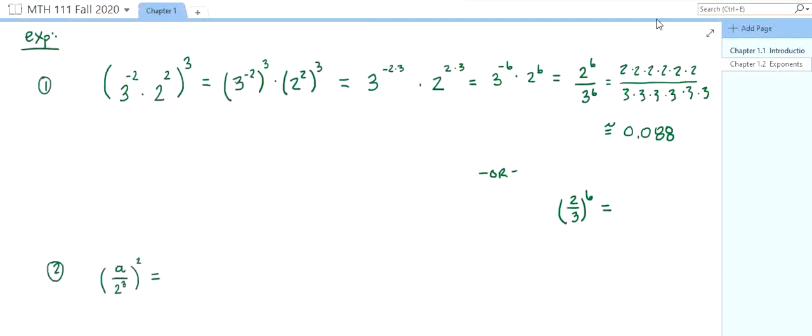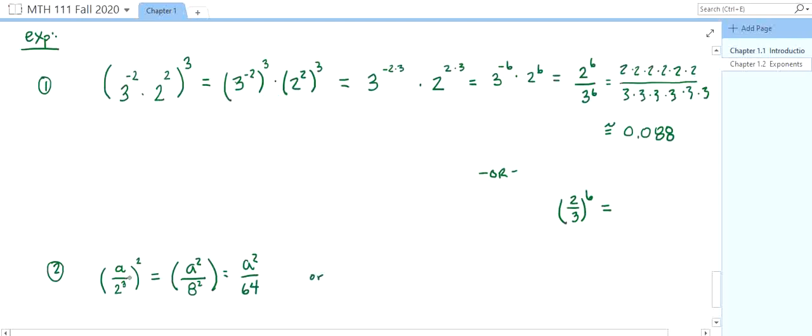Let's try another. A over 2 cubed to the 2 power equals a squared over, well, 2 cubed is 8. I could work that out initially, and then I could square it. So this is a squared over 64.